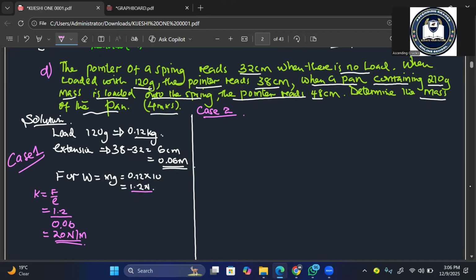we're having a load of 210 grams, which is the same as 0.21 kg. And we can convert this one into weight. So the weight will be mg, so 0.21 times 10, and it will be giving us 2.1 Newton.